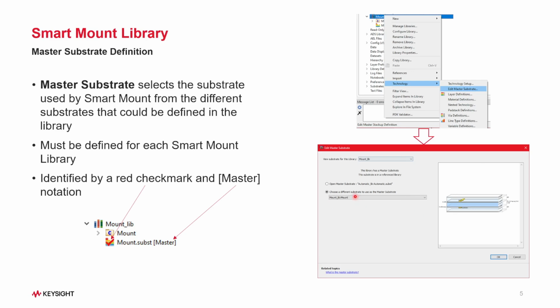Once that happens, you can see that there's a red check mark here next to the selected substrate, and there's a master notation here within brackets.